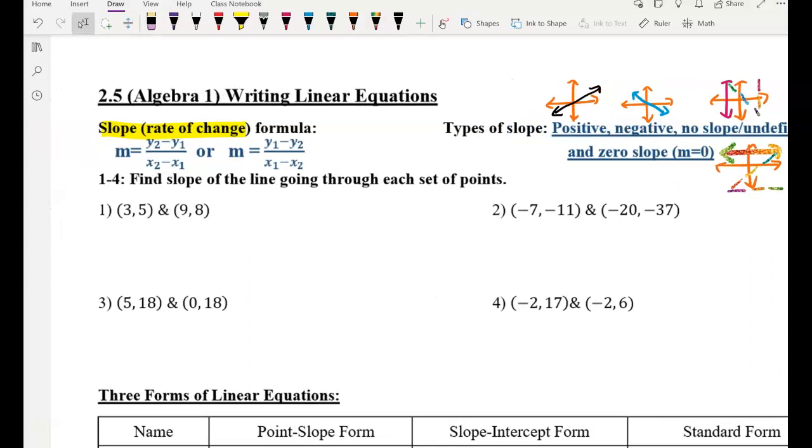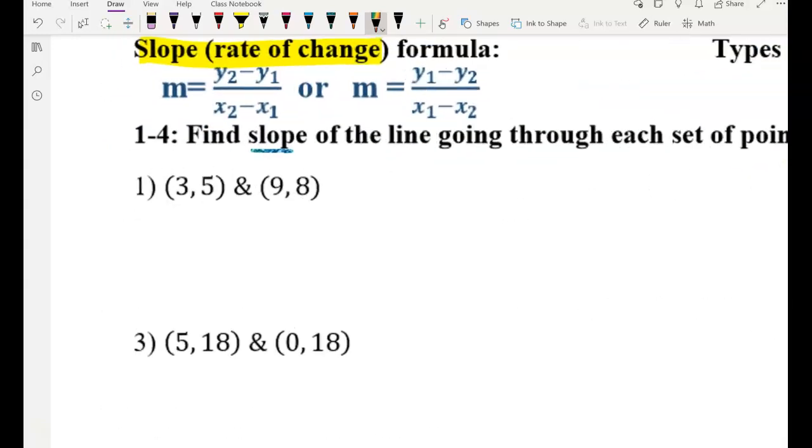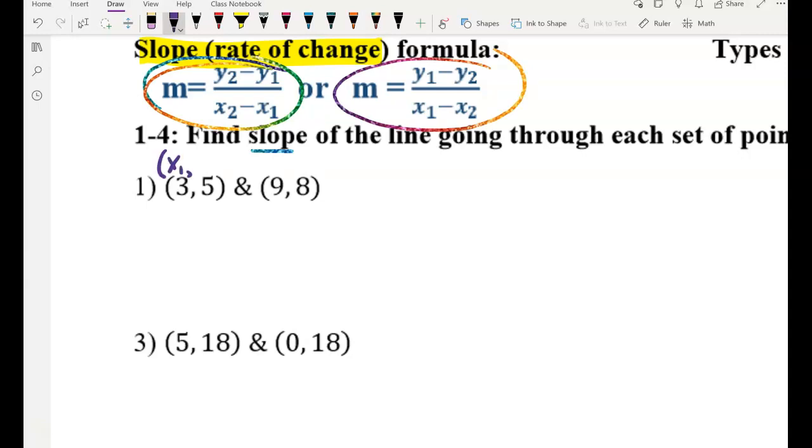Examples 1 to 4 says, find the slope of the line going through each set of points. So again, the formula for your slope, you can pick either this one or this one. That's really up to you. But first, if you're still confused on this, I suggest going in and writing these as ordered pairs.